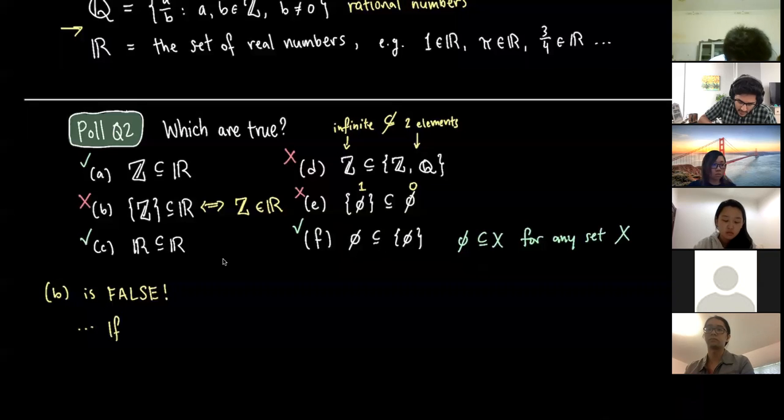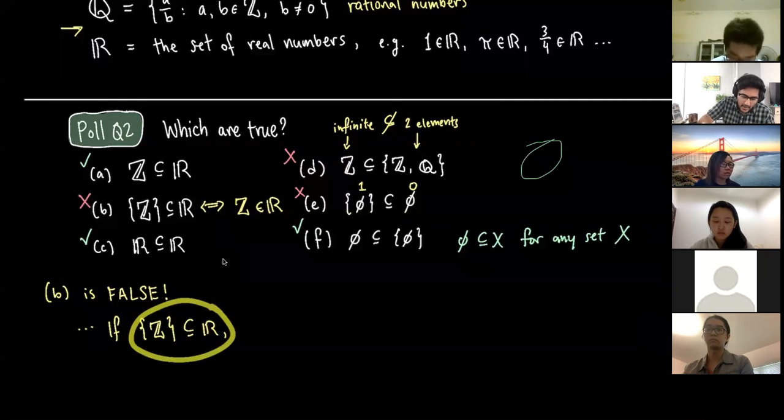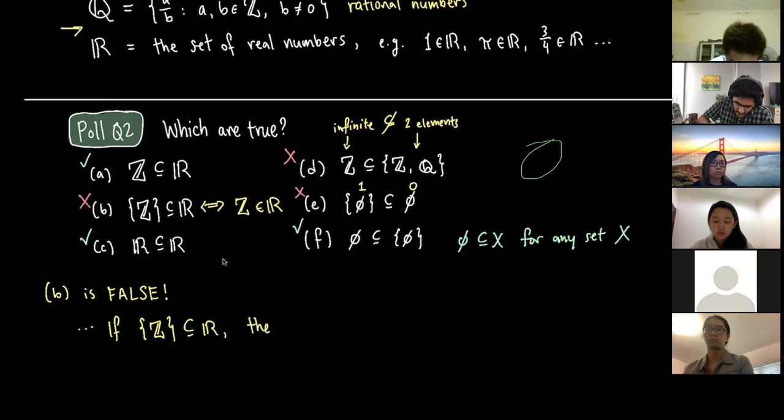If this was a true statement, that the set containing the integers is contained in the set of real numbers, what does subset mean, right? Subset means every element of the smaller thing is also an element of the bigger thing. So if this set inclusion held, then every element of the smaller set would be an element of the bigger set.